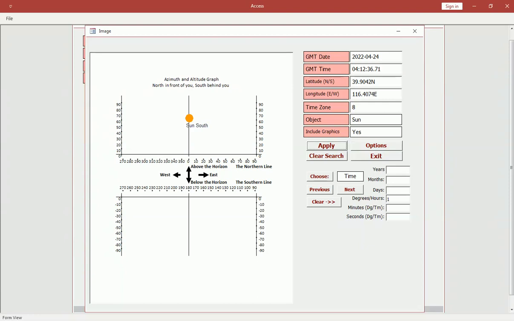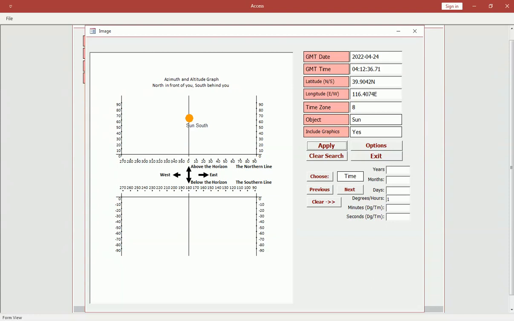So we have two angles here. The first angle is the altitude, which is, when you are facing the object, the angle between the object and the horizon, and the azimuth, which is the angle from north clockwise until we face the object.